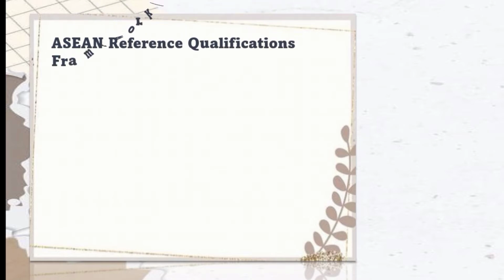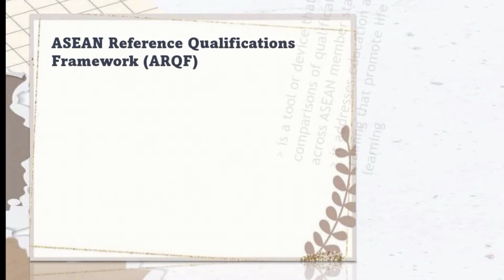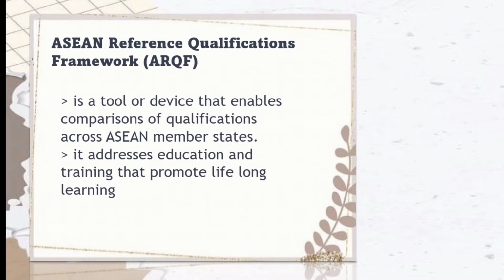Now to ARQF, or the ASEAN Reference Qualifications Framework. ARQF is defined as a tool or device that enables comparisons of qualifications across ASEAN member states. It addresses education and training to promote lifelong learning.